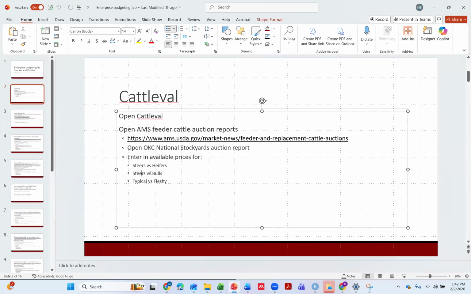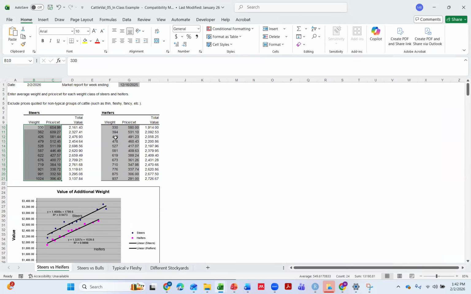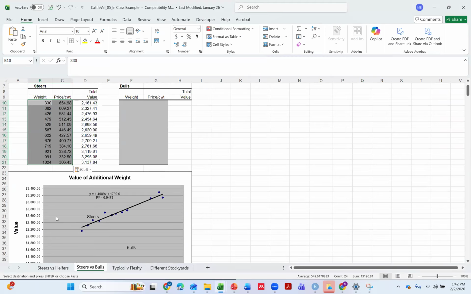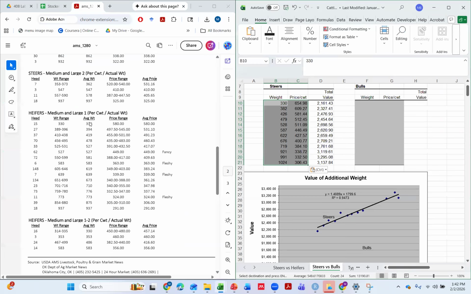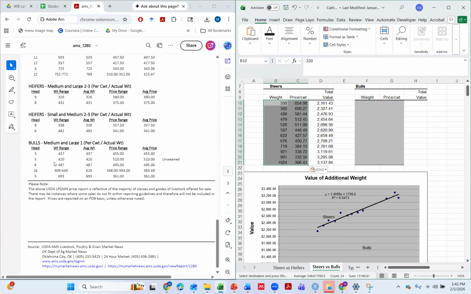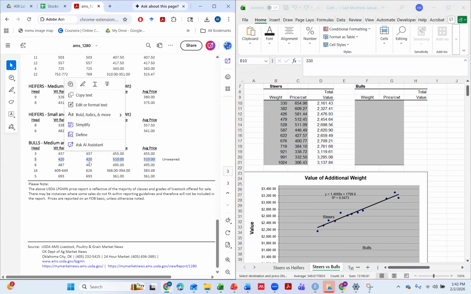All right. So here we can do steers versus bulls. So I'm just going to copy this steer from this sheet over here. And you'll see that steers popped up. If I bring this back over here, we'll scroll down on this sheet. Here's our bulls, medium and large ones. We're going to enter these prices, but we're going to skip this one here that is designated as unweaned. Okay.